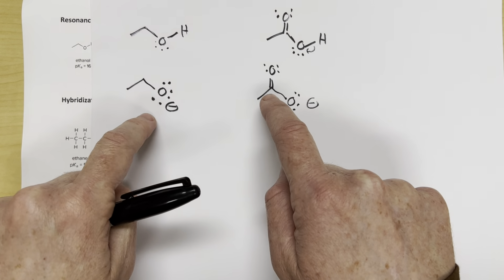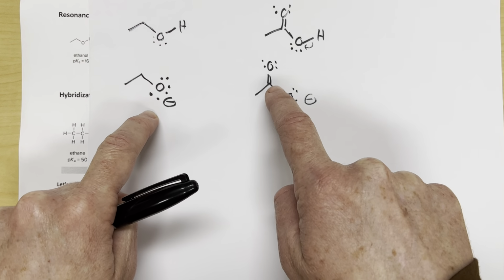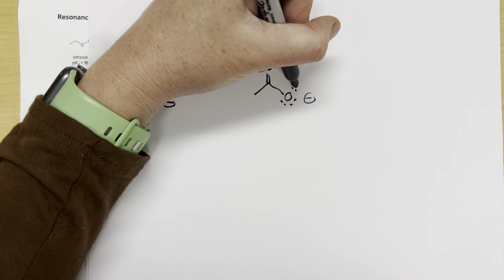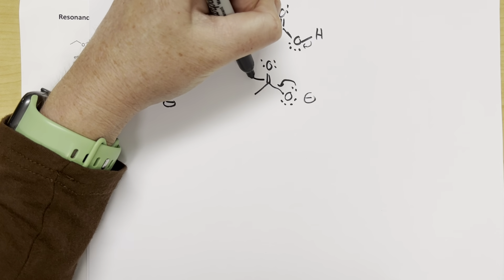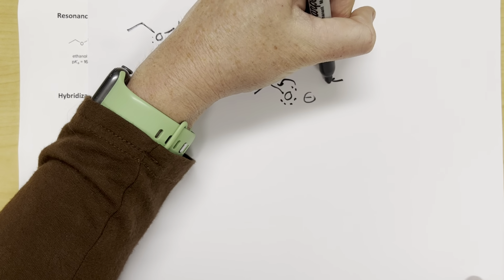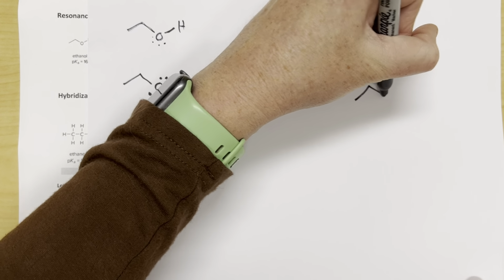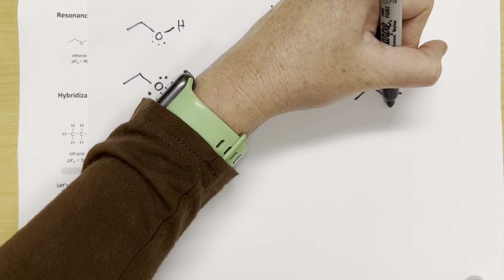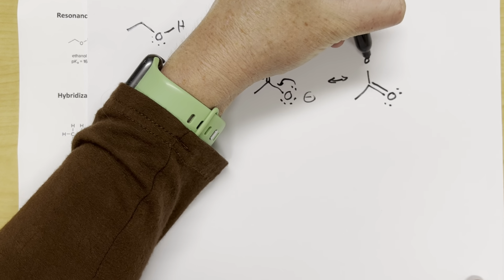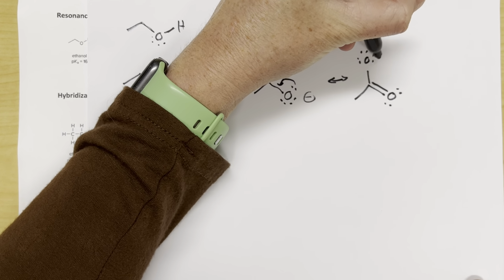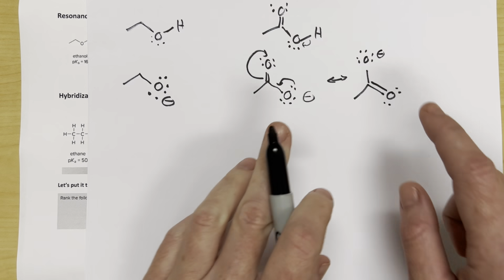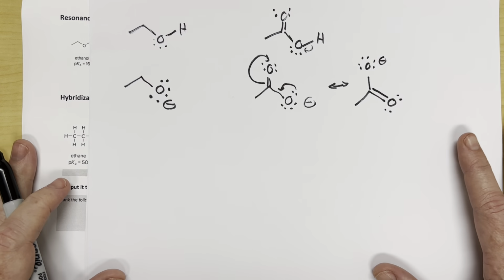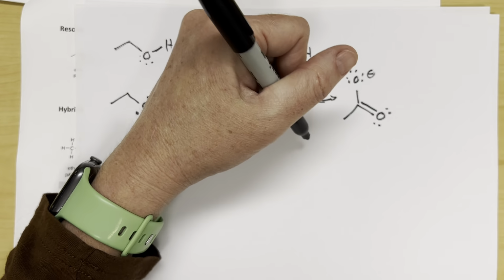If I asked you which of these two can resonate, I hope you agree it's this one. Remember, these electrons can go down there, those electrons can pop up there, and you can have a resonance structure. And if you have resonance structures, remember what I said about stability? This is going to be more stable.